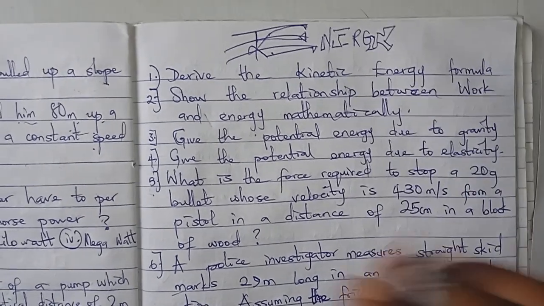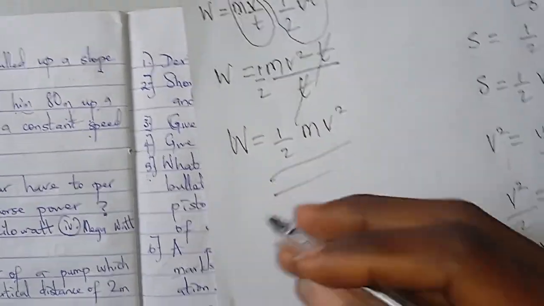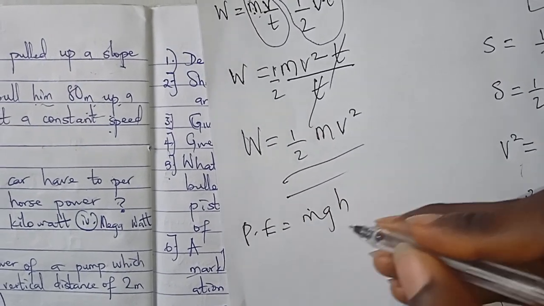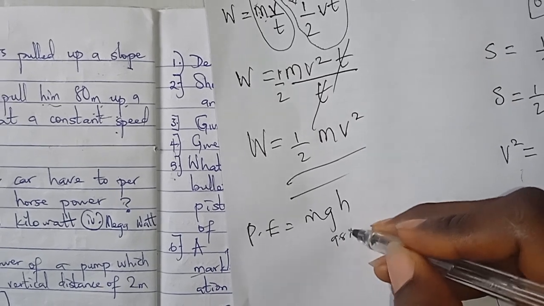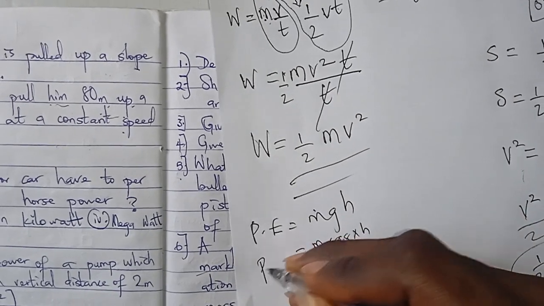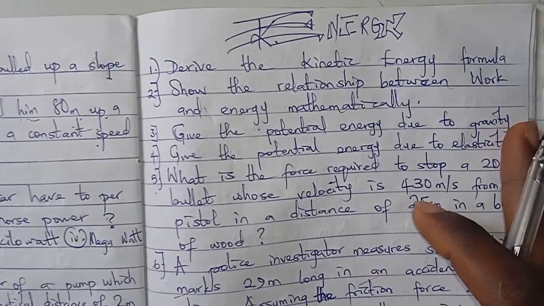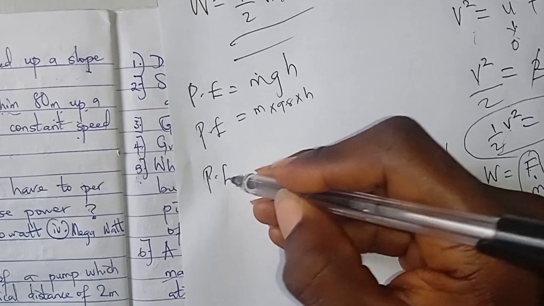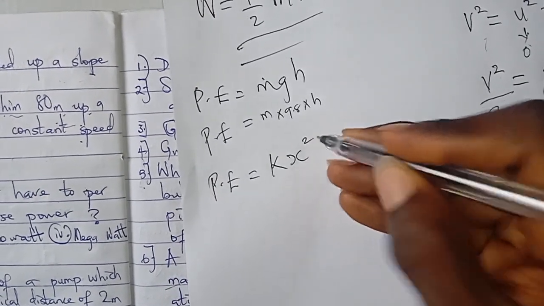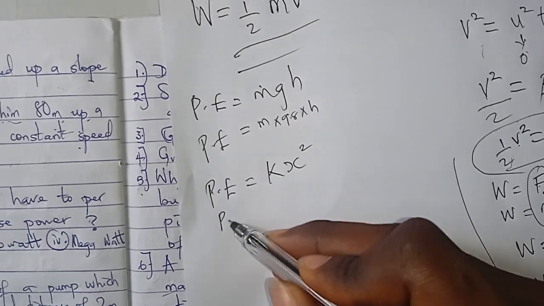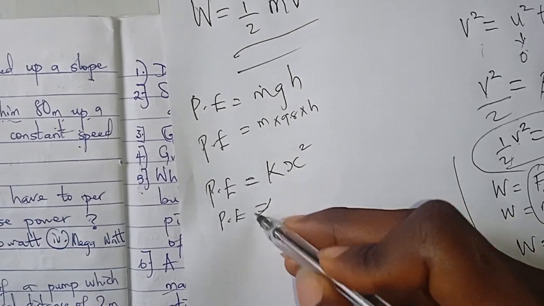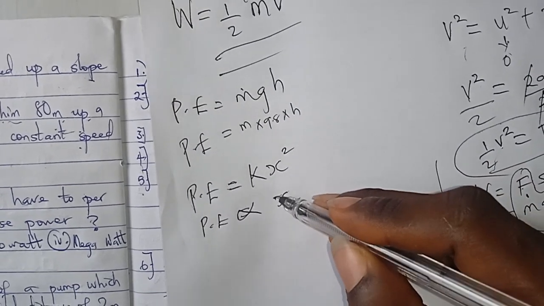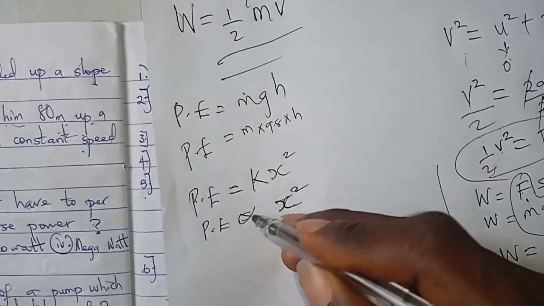So they say give the potential energy due to gravity. Potential energy due to gravity is equal to mgh: mass, acceleration due to gravity, which is 9.8, times the height. Now they said give the potential energy due to elasticity. Potential energy due to elasticity is kx square. It is saying potential energy is directly proportional to the extension, and extension is length square.